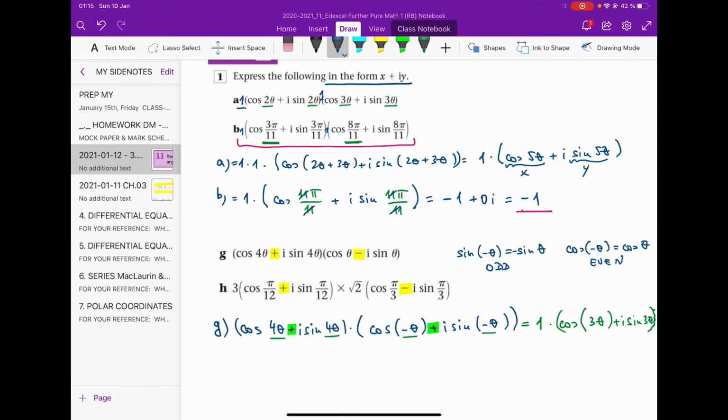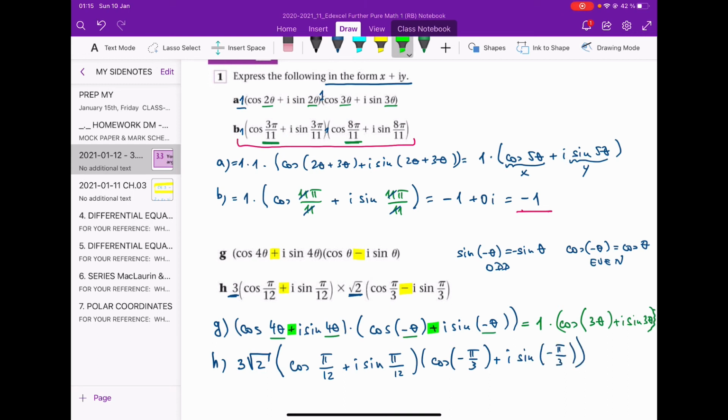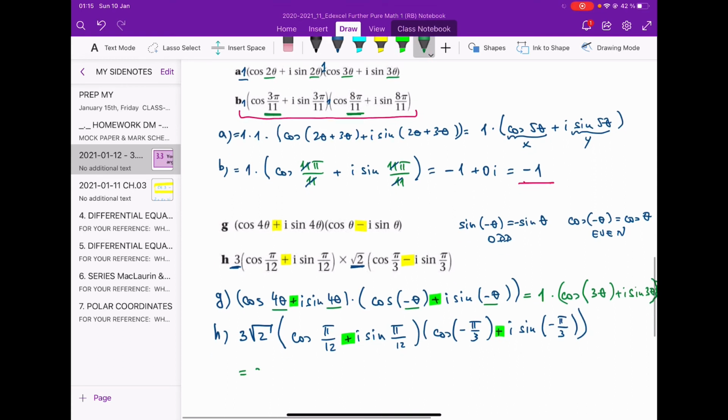Okay, similar story is for h, but in this case, look at the modulus of the first one and the modulus of the second one, so it's 3 times root of 2 times, and before simplifying it, you need to write both of them with a plus in the middle, cosine minus pi over 3 plus I sine minus pi over 3. Okay, so when you look at the plus, that means you can add them up, and then you will have 3 root of 2 cosine.